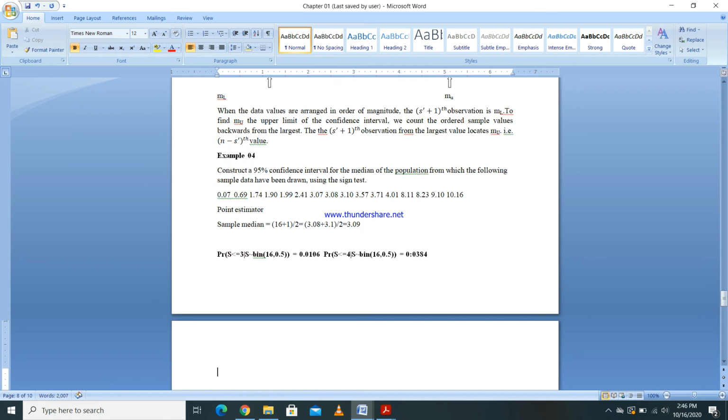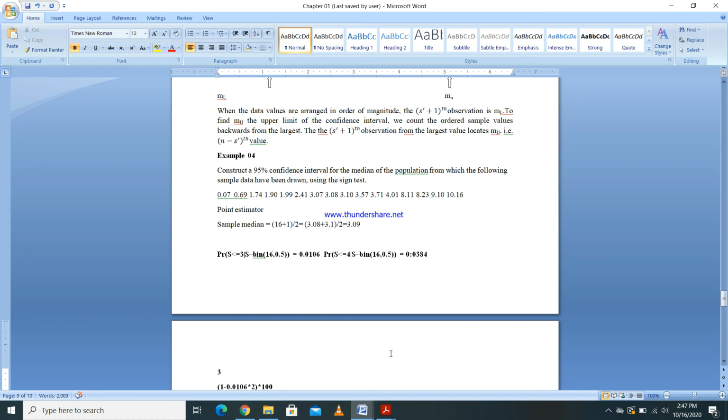Right, so if you are using the S dash value as 3, what will happen? To find the confidence level, you have to take 1 minus 0.0106 into 2, and then multiply the whole thing by 100.